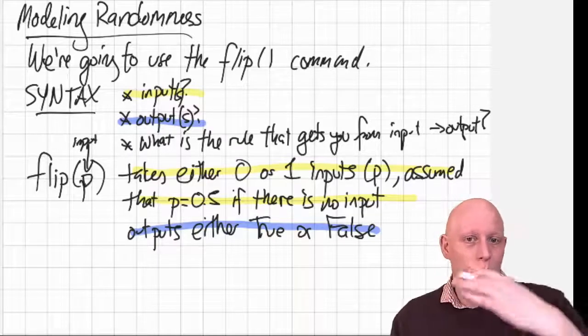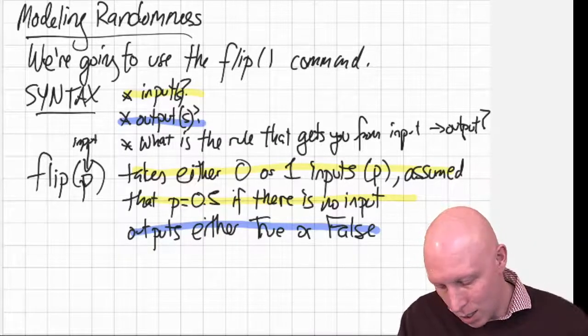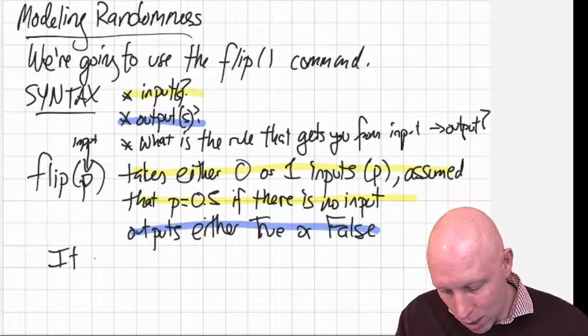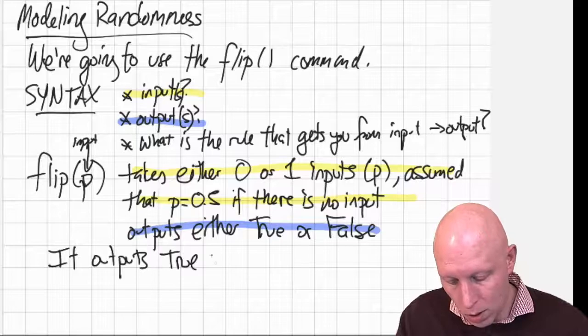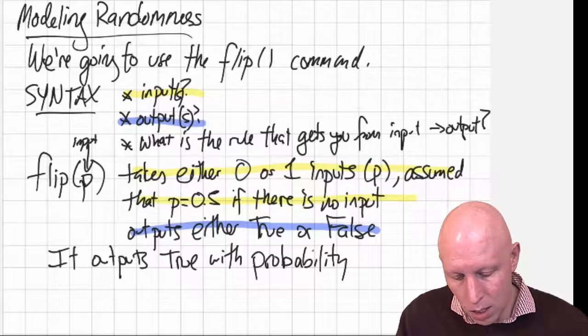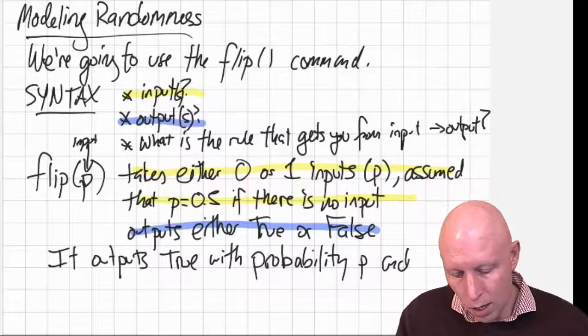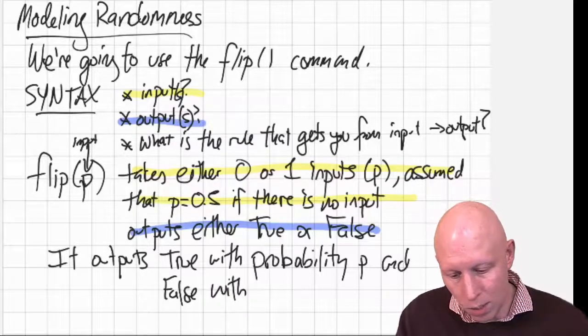Now, how are those things related? The way they're related, it outputs true with probability p, and false otherwise.